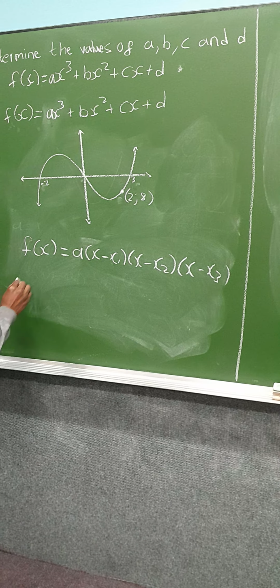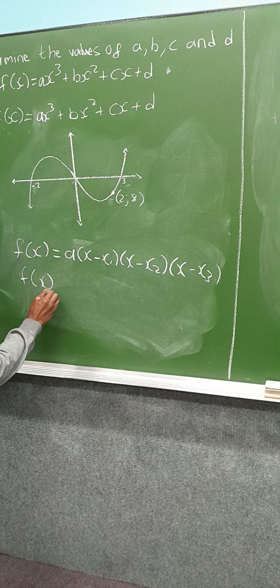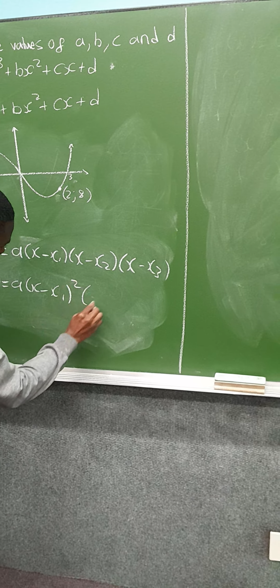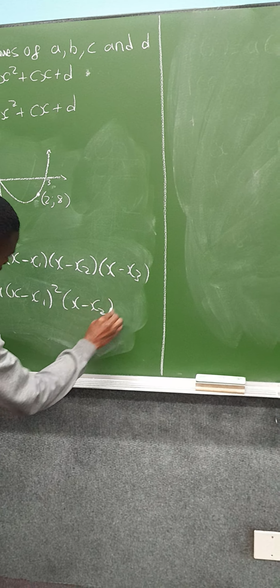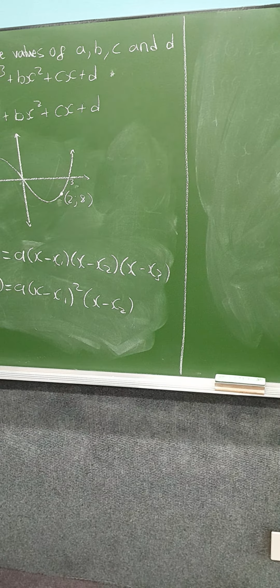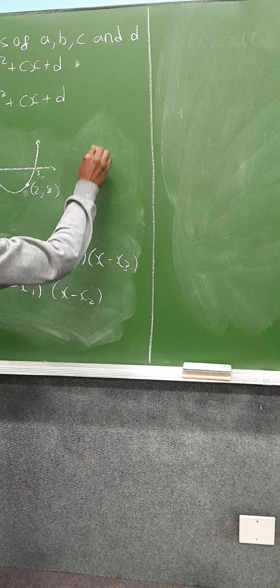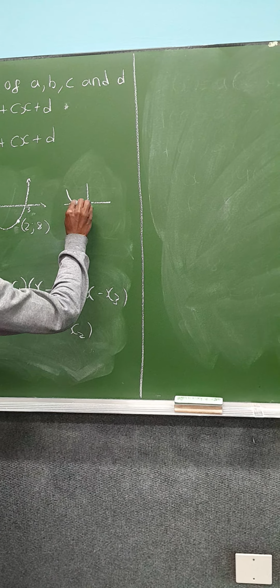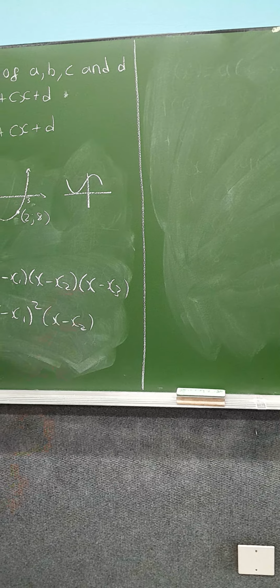And then the third one, we have f of x equals a into x minus x1 squared and then x minus x2. Someone would ask, why do we have a square now? We have a square because let's say we have a graph that looks like that.